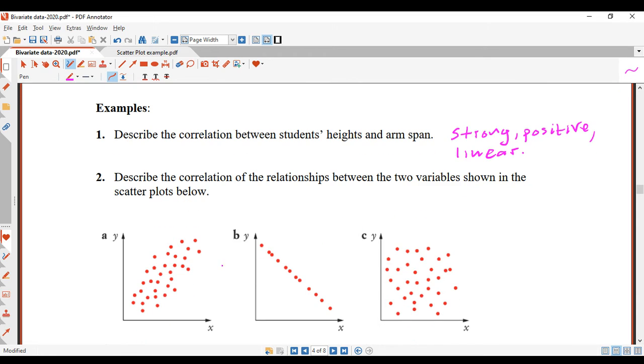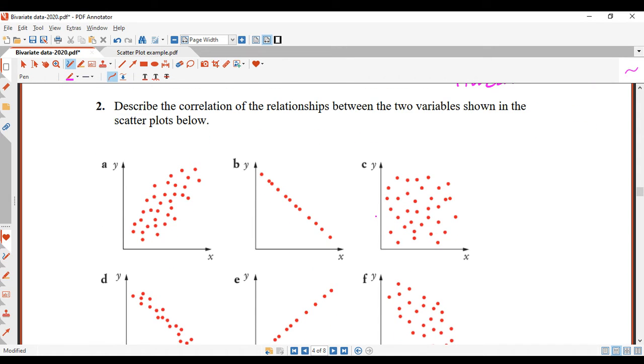You can pause the video now and have a go at these questions by yourself. Describe the correlation of the relationships between the two variables in the scatter plot shown. Okay, so the first one is, I'd say, no correlation.